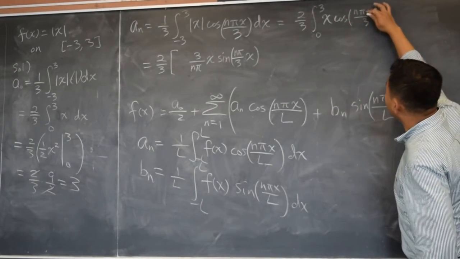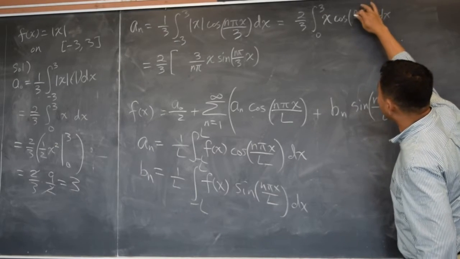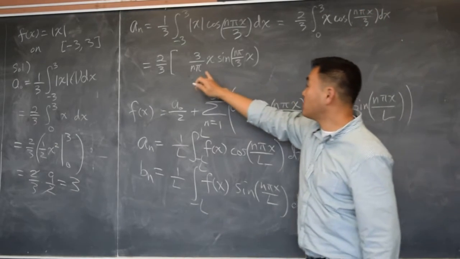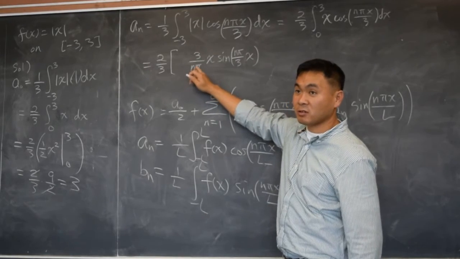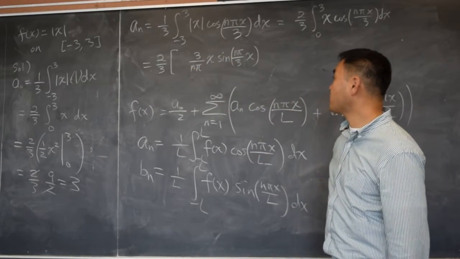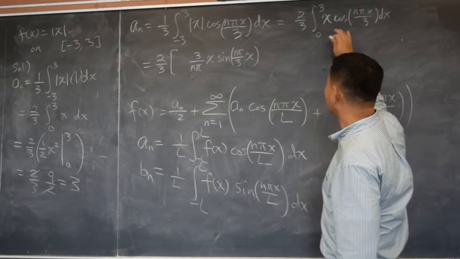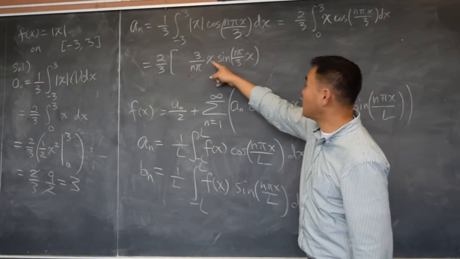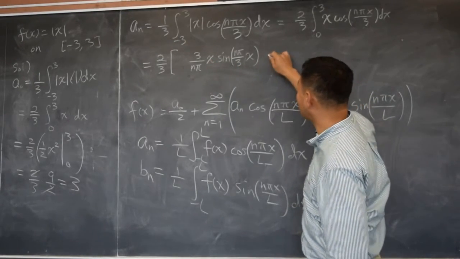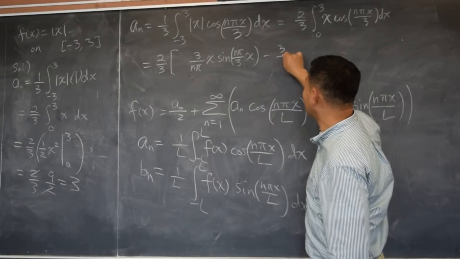If you integrate this, the reciprocal of the coefficient n pi over 3 comes in front. This is the reciprocal of this. And then you have to do minus, with this being 3 over n pi.